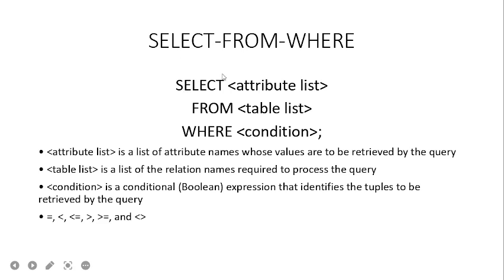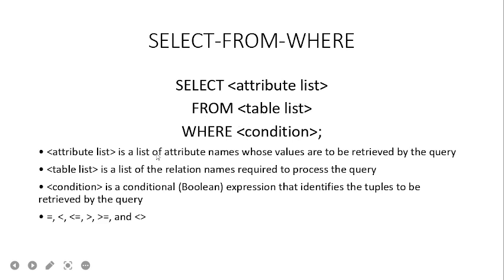That is, we will be supplying a select attribute list to the select operation. These attributes will be selected, and we have from, and after this table name we can list a number of tables. So from you can give multiple tables, then where is again a condition.